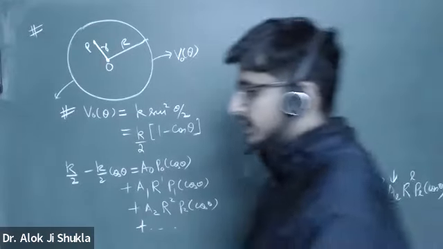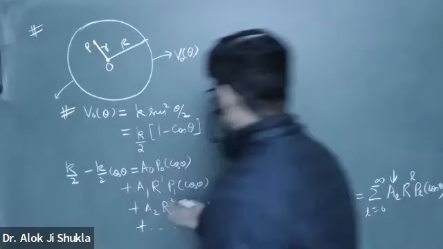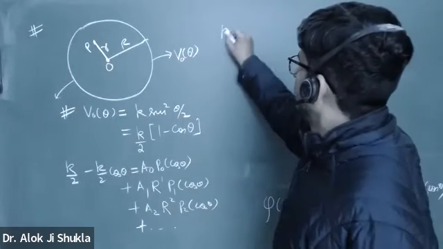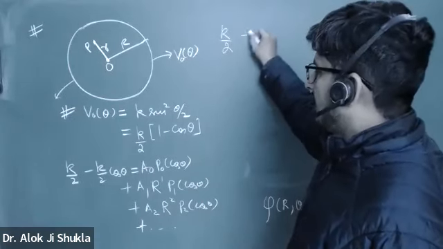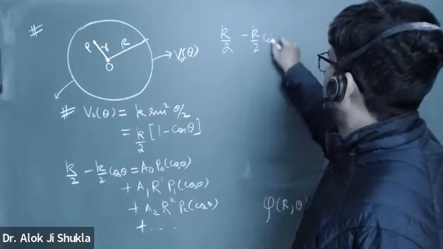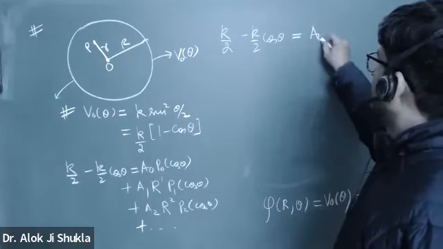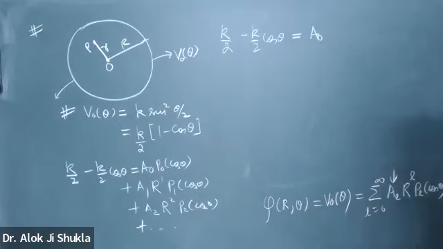So when a question comes, it becomes very easy. You just have to compare the coefficients. So K by 2 minus K by 2 cos theta is equal to, the first term is A naught because P naught is 1.